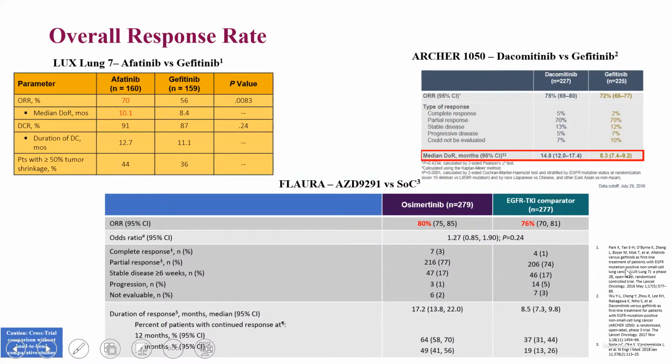Coming to osimertinib, overall response rate is 80% versus 76%, odds ratio 1.27. Complete response 7% versus 4%, partial response 77% versus 74%, stable disease 17%, progression 1% versus 5% with other TKIs, and the duration of response is 17.2 versus 8.5 months, at 12 months 64% versus 37%.